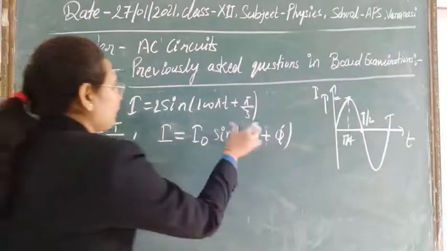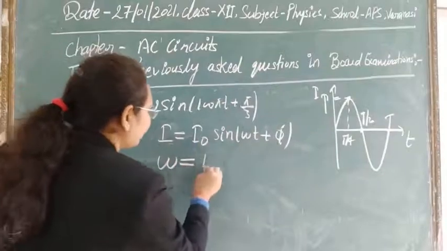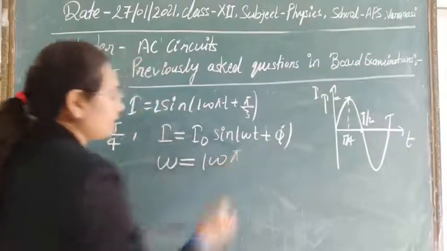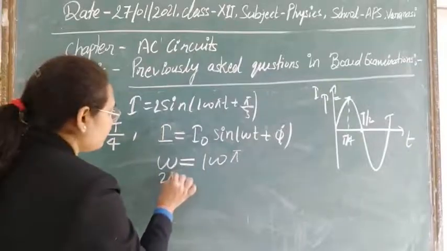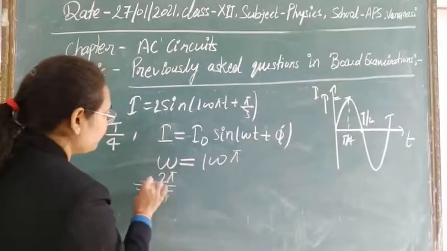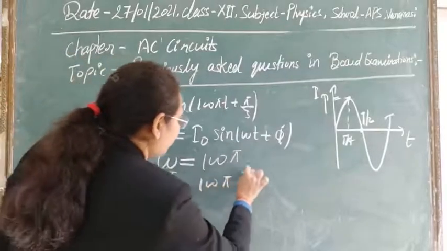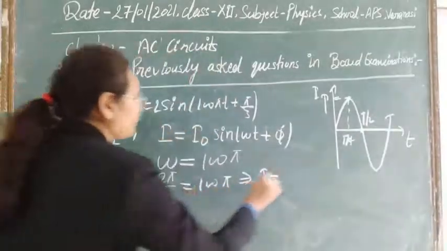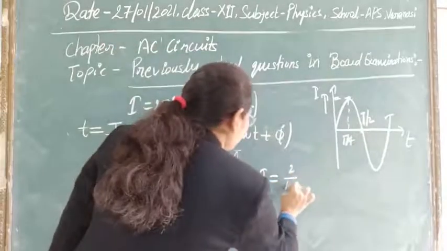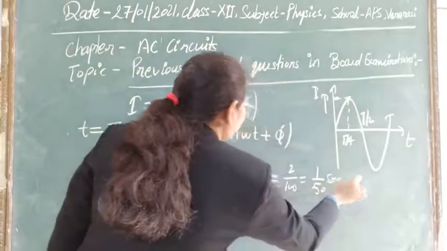With the help of that, after comparison we find that ω is equal to 100π, and we know that ω is equal to 2π by T. So 2π by T equals 100π, and from here we calculate T, which is 2 by 100, or 1 by 50 seconds.